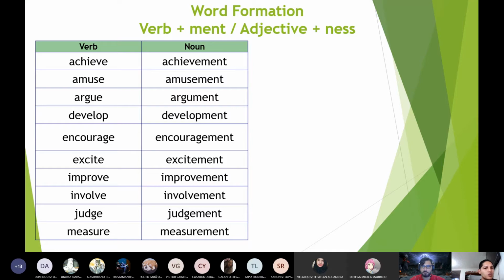Amusement, which is a noun. Argue, argument. Develop, development. Encourage, encouragement. Excite, excitement. Improve, improvement. Involve, involvement. Judge, judgment. Measure, measurement. All right, from verbs to nouns.